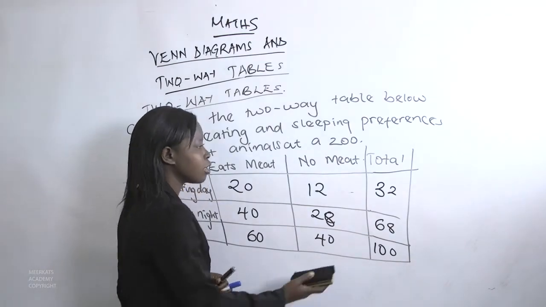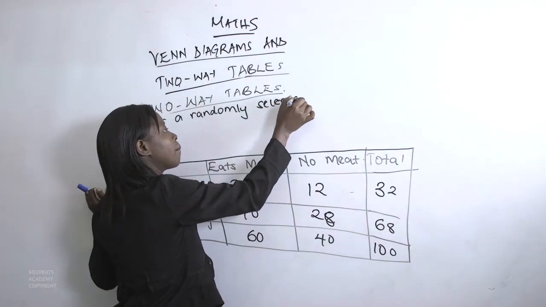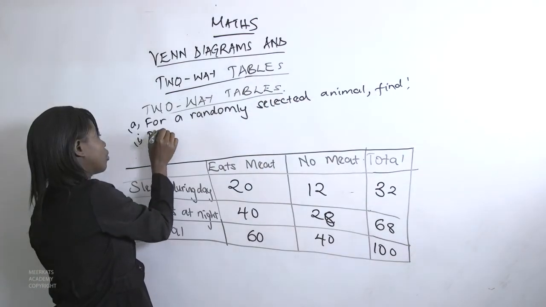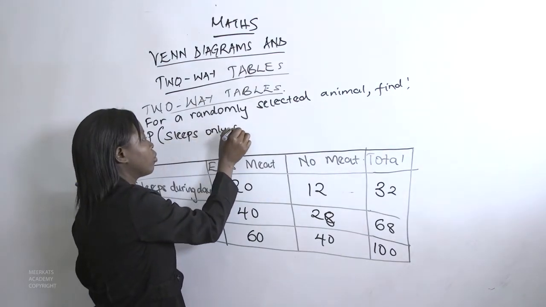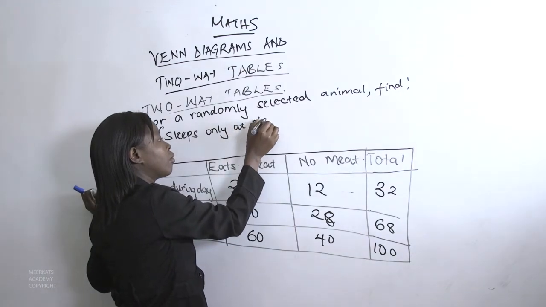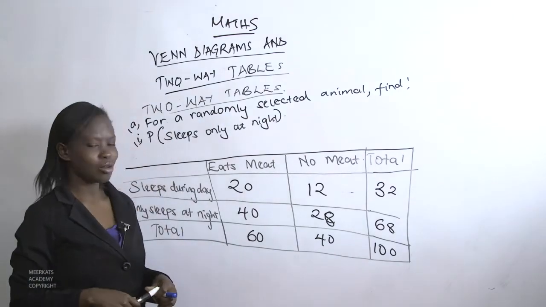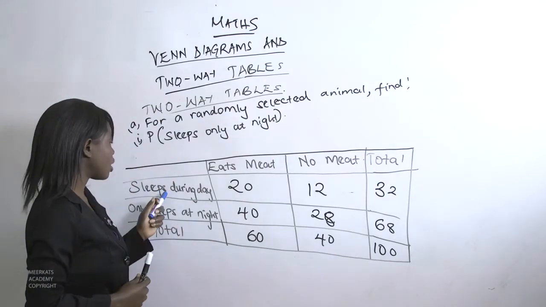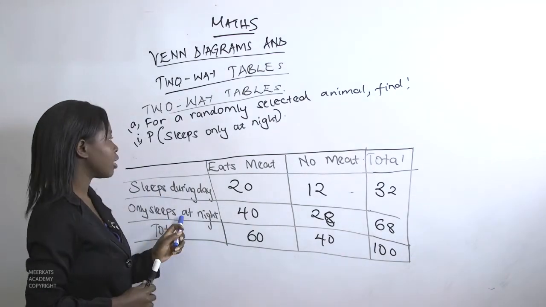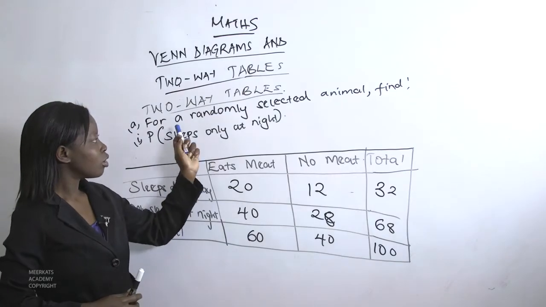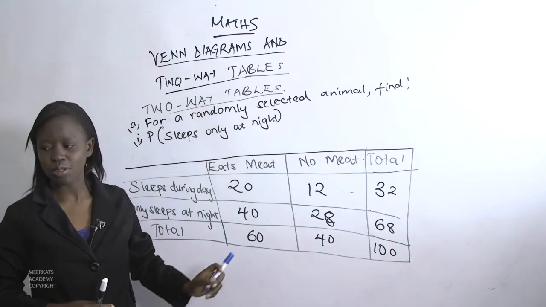So the first question is, we have two categories of animals in this case. We have those animals that sleep during the day, and we have those that sleep only at night. So we are being asked for an animal selected randomly from this group of animals in this given zoo.